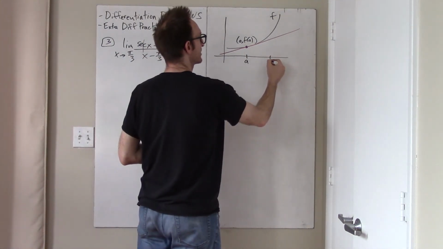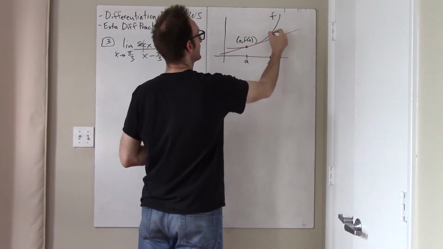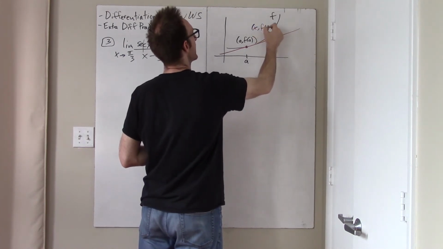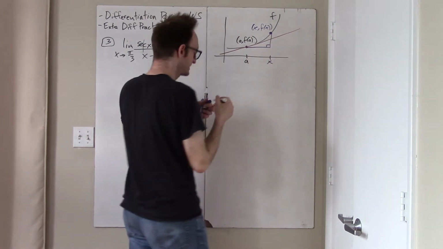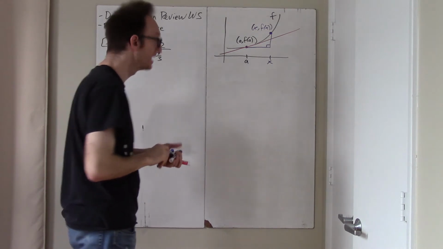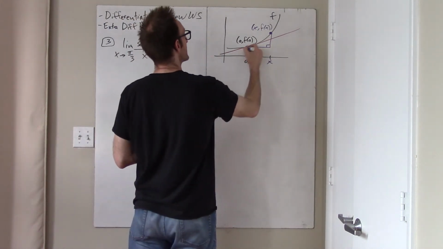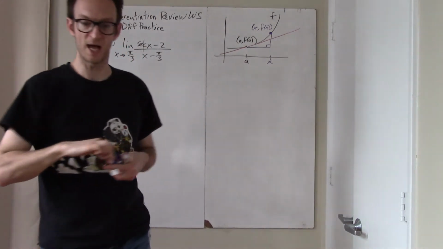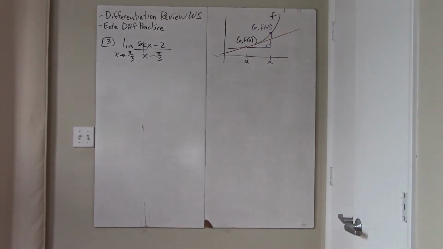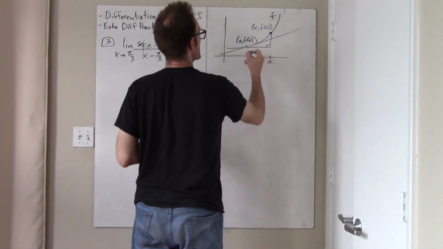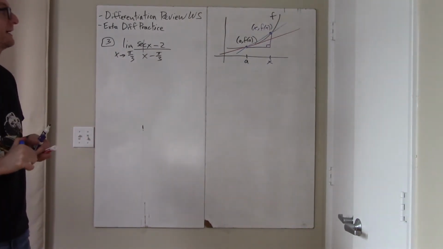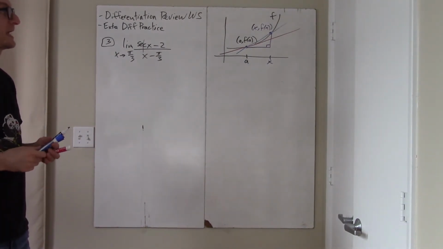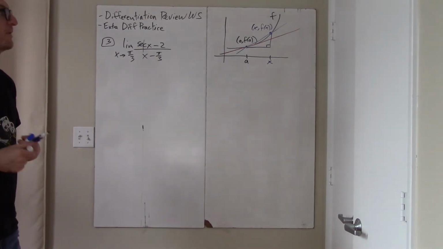So we just call this other point x, and we go up here to x comma f of x, and then we look at the slope of the secant line, which goes through those 2 points. Then we move those 2 points infinitely close together, and when we do that, this blue secant line will become the red tangent line.